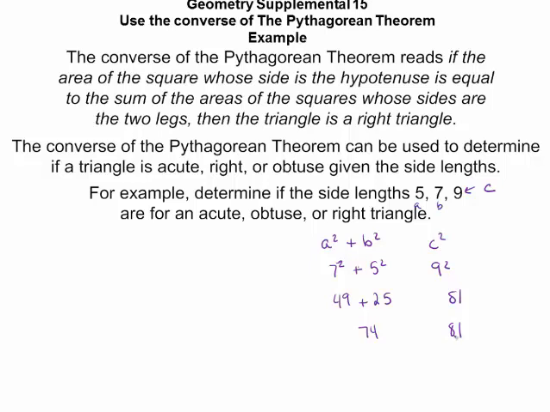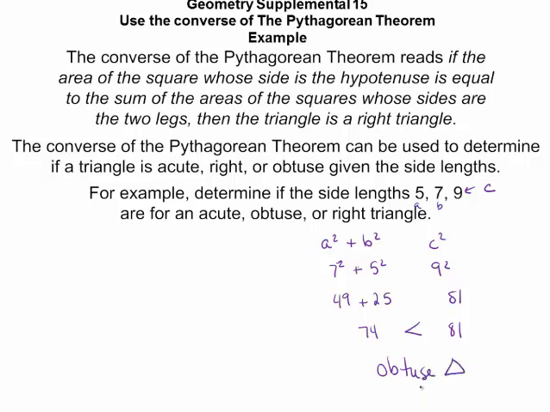Did I do that right? Yes. 74 is greater, not greater. Yeah, I don't know what I'm doing. 74 is less than 81. So does that make this triangle, yes, so we're going to say obtuse triangle.